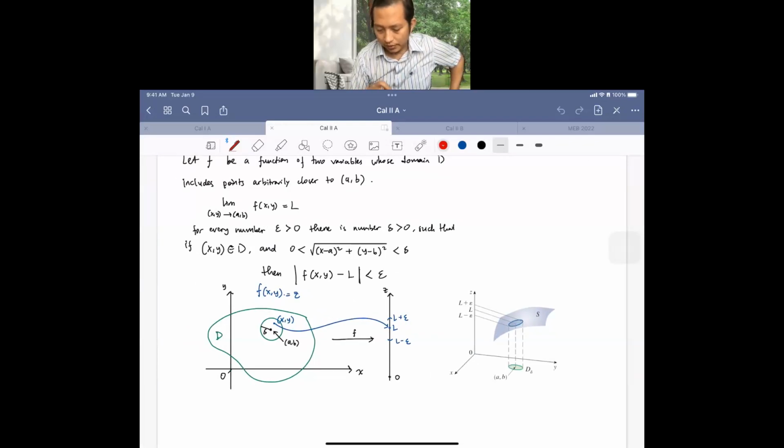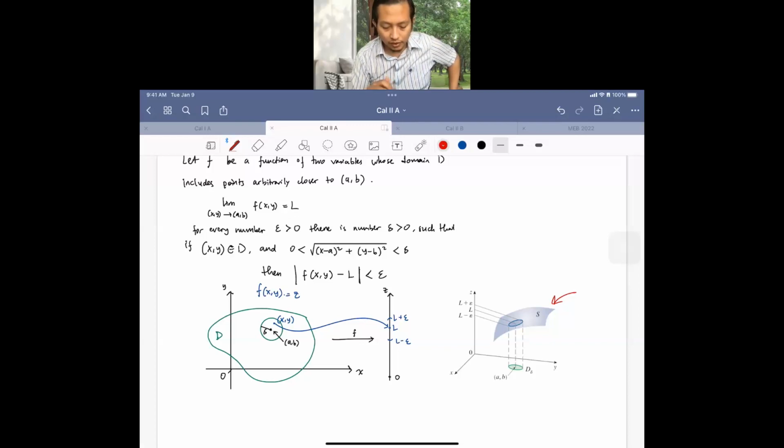is a surface, and we are going to define its domain as a small circle. We call the domain delta, in which we are going to have all points that are available to approach the point (a, b) inside this D delta.